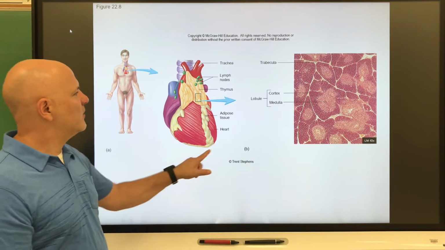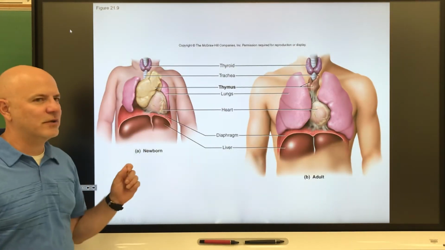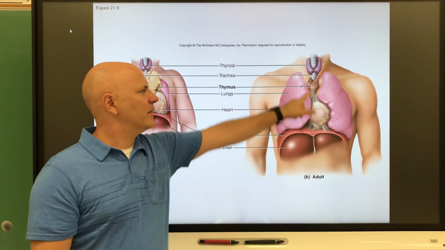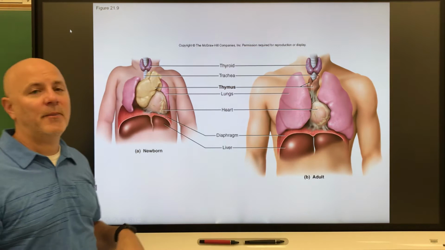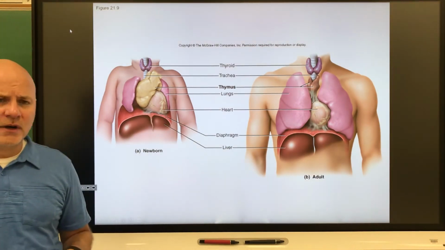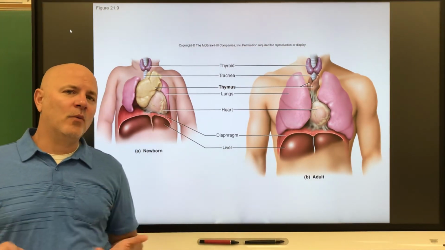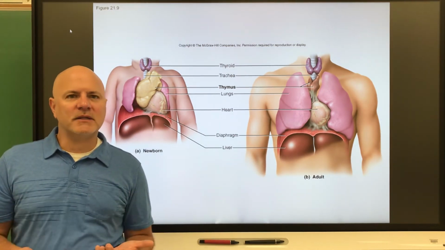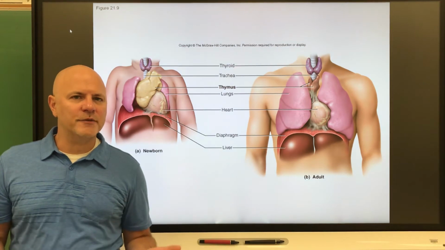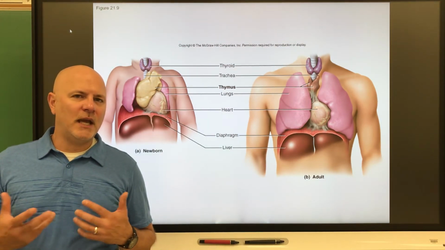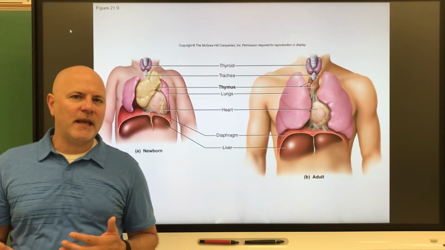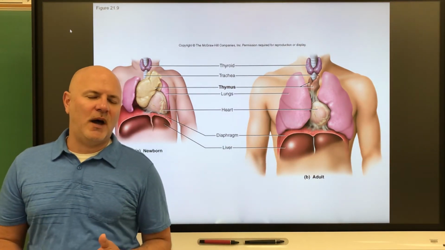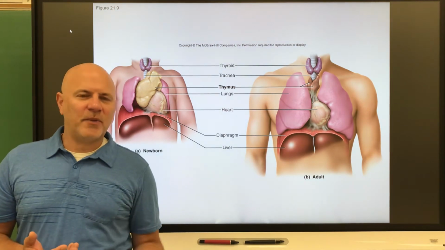One of the things about the thymus is that it's much larger in children than it is in adults. This is showing a newborn, this is showing an adult, and you can see the thymus there by comparison. It's pretty large here. The reason is that when we're in our mom, we're in a sterile environment, but as soon as we're born, we are constantly exposed to microbes. Any microbe that we encounter could be good for us, could be bad for us, but all good microbes can be opportunistic pathogens.